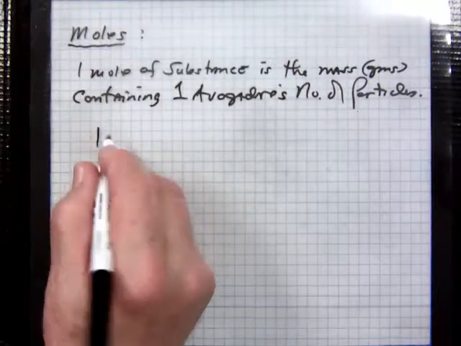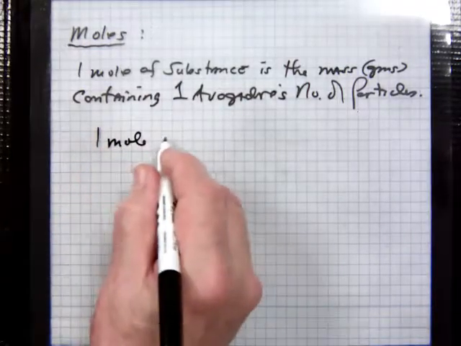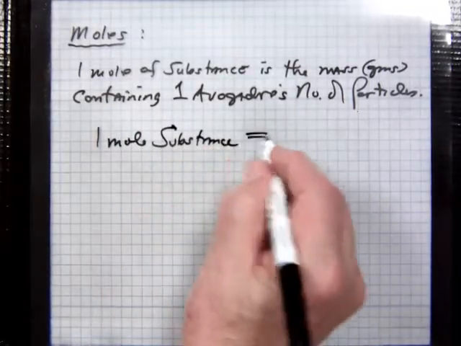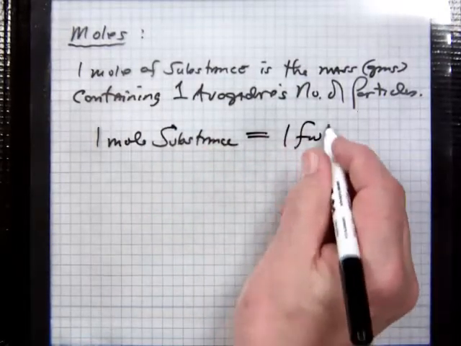This turns out to be that one mole of substance is equal to one formula weight of substance.